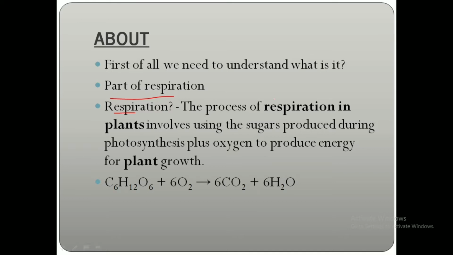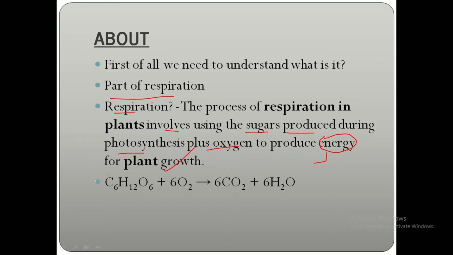The process of respiration in the plants involves using the sugars, that is the glucose, which is produced during photosynthesis, and also we are using oxygen in order to produce energy, and that energy is produced in the form of ATPs, which is used for plant growth.